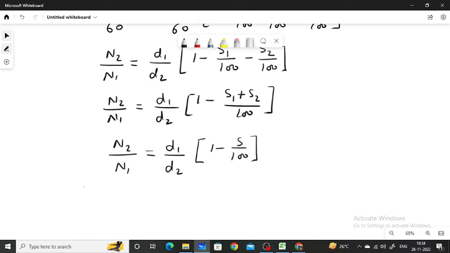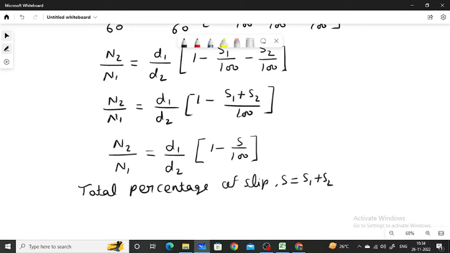Here s is the total percentage of slip, equal to s1 plus s2.